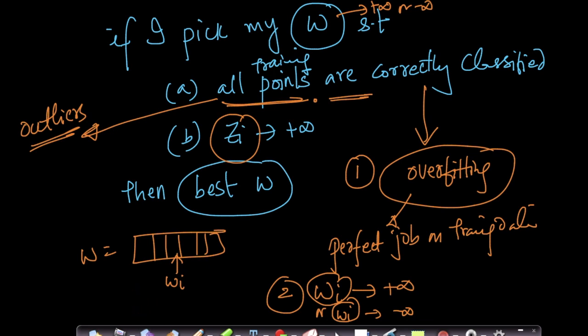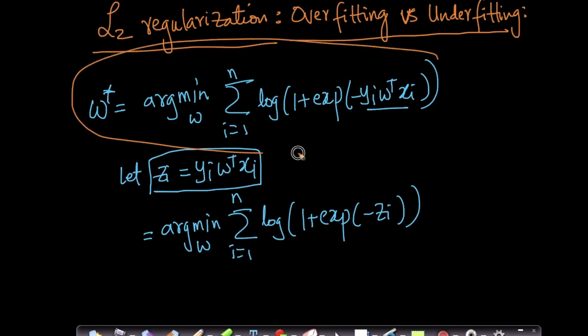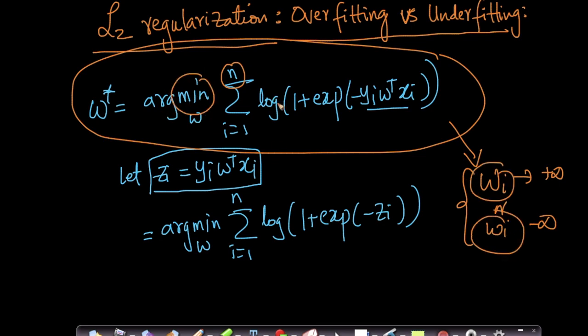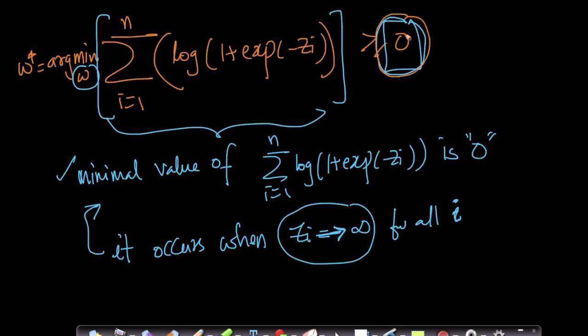So given this optimization problem, it is possible that if I make my Wi's tend to plus infinity or minus infinity, very large, given training data of n points, I can do perfect fitting. Literally, I'm overfitting, right? Perfect fitting on training data sometimes means overfitting. So it is possible that I will get the least possible value for this optimization problem, which is 0. We showed this, right? The least possible value for this is 0.